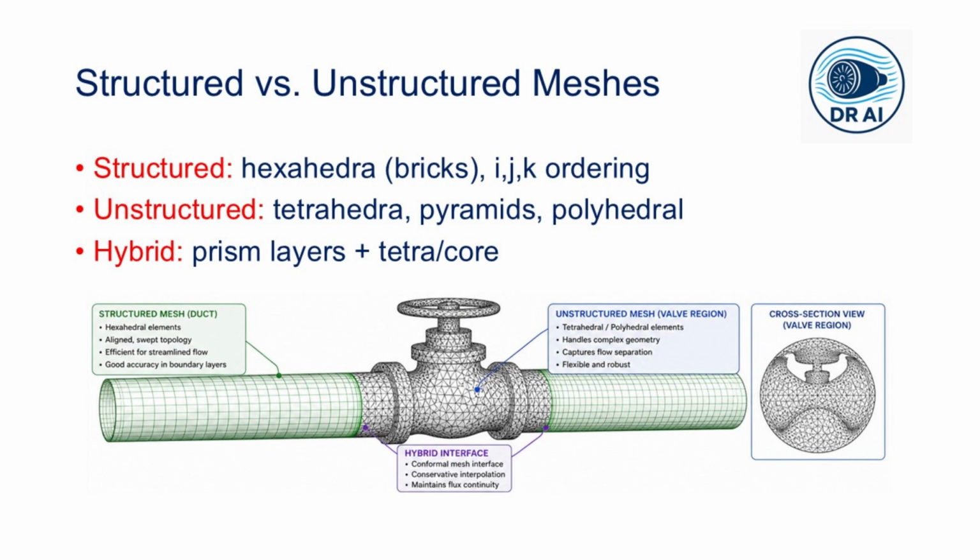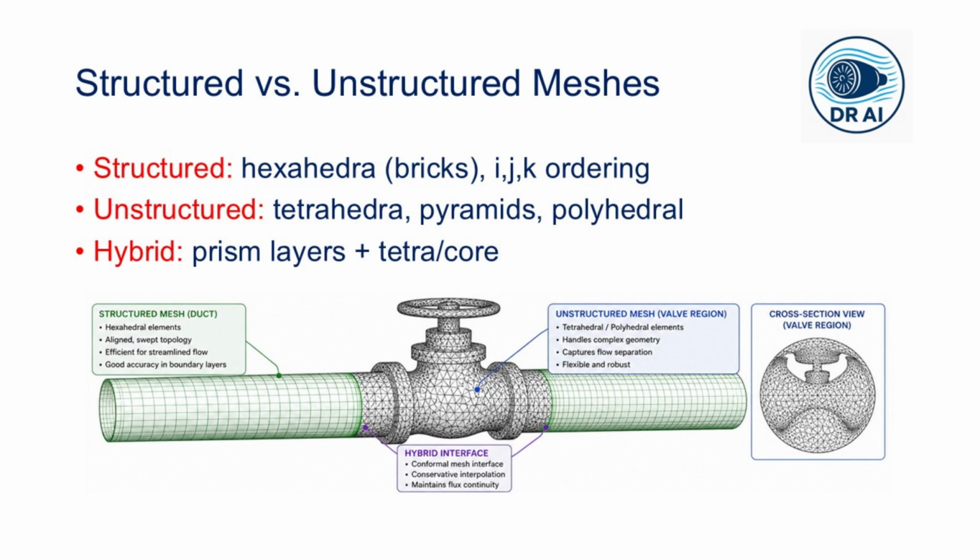So, first of all, the structured meshes: all cells are hexahedra bricks arranged in a regular IJK pattern. The pros are that it is fast to compute, low memory, and easy to implement higher order schemes, and the cons are that it is difficult to fit to complex geometries and requires multi-block decomposition. On the other hand, unstructured meshes, the cells can be tetrahedra, pyramids, prisms, or arbitrary polyhedra.